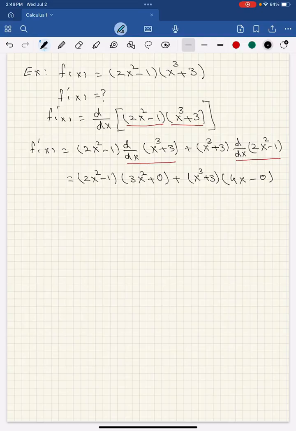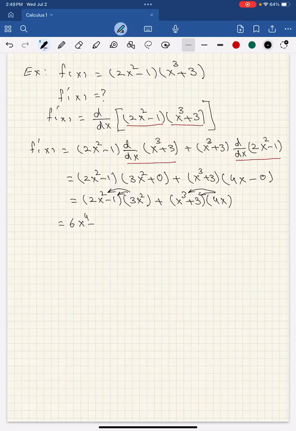Now we simplify. 2x squared minus 1 times 3x squared plus x cubed plus 3 times 4x. Now you can distribute 3x squared here and you can distribute 4x here, and at the end, if you have like terms, you can combine like terms. 3x squared times 2x squared gives you 6x to the power of 4.